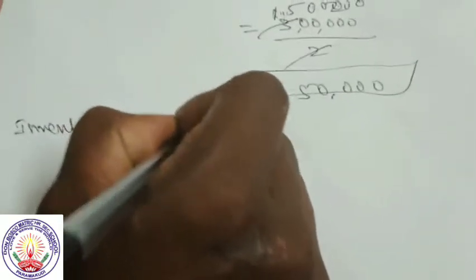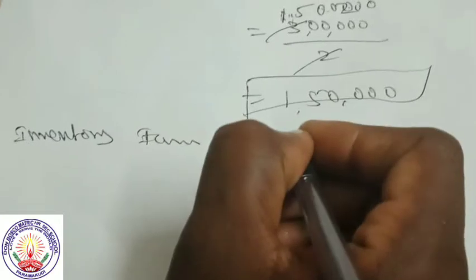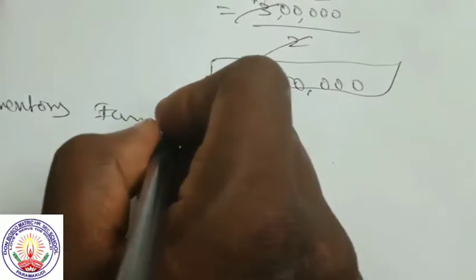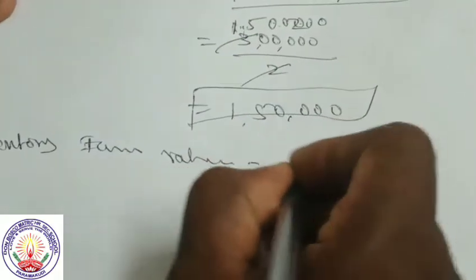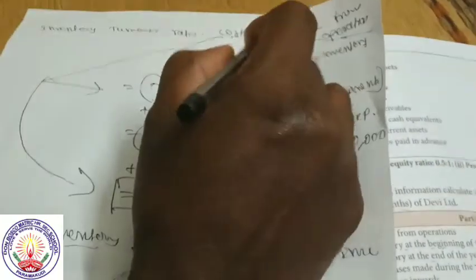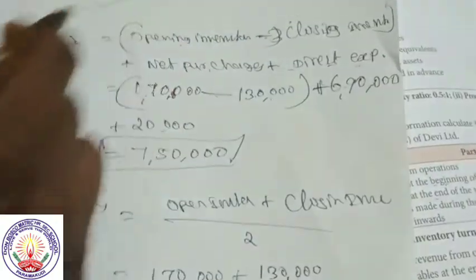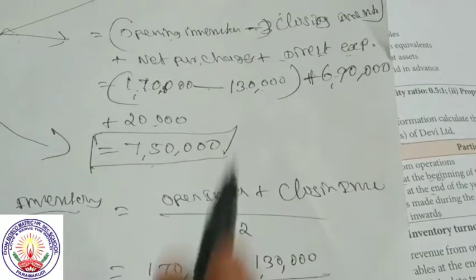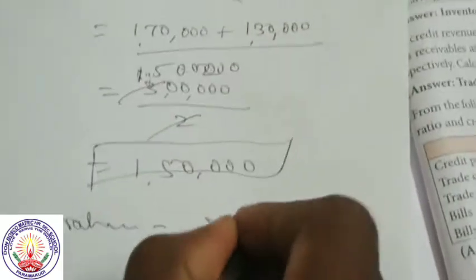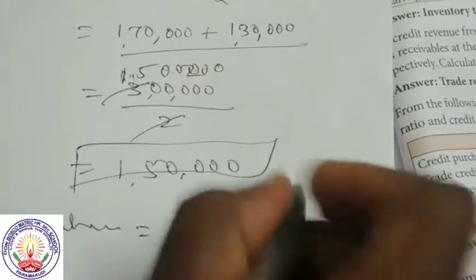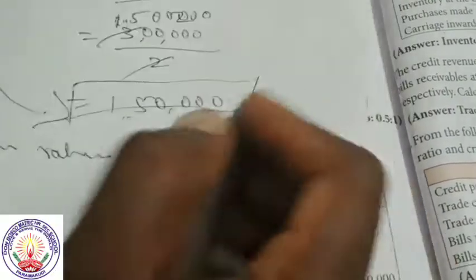Inventory turnover ratio equals cost of revenue from operation divided by average inventory. Cost of revenue from operation, how much rupees? 7,50,000, divided by average inventory, how much rupees? 1,50,000.